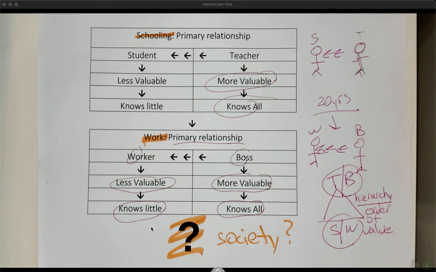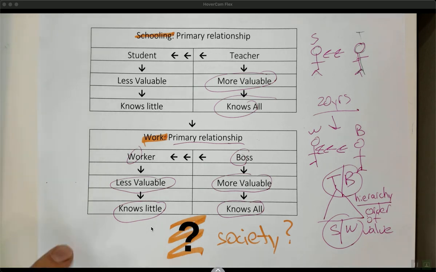How is that going to affect us? While institutions and society themselves aren't necessarily, you don't have to follow these rules, and we don't necessarily see them as influencing us like this. In sociology, we take this seriously because we end up seeing that over time, these primary relationships that we have end up affecting how we see the world.